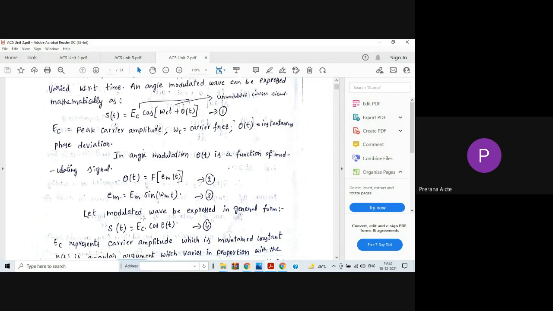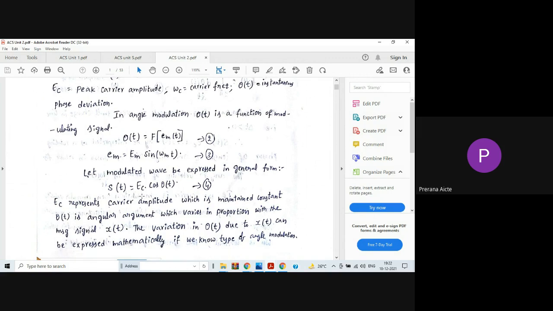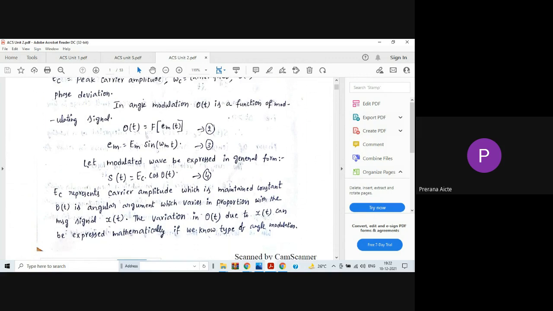And the total angle modulated wave is S of t equal to EC cos theta of t, where EC represents the maximum amplitude of the carrier signal, which is maintained constant, and theta is the angular argument which varies in proportion with the message signal, for frequency modulation or phase modulation.